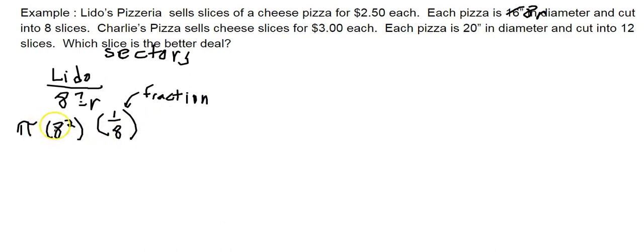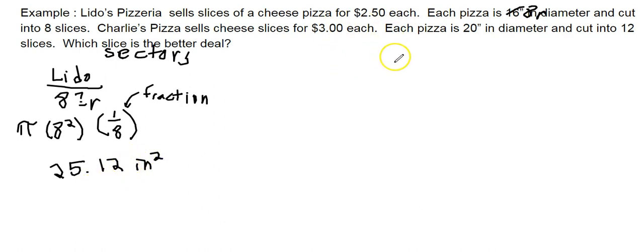So pi times 8 squared times 1 divided by 8 gets us to 25.12 square inches. That means that one slice of pizza is 25.12 square inches.